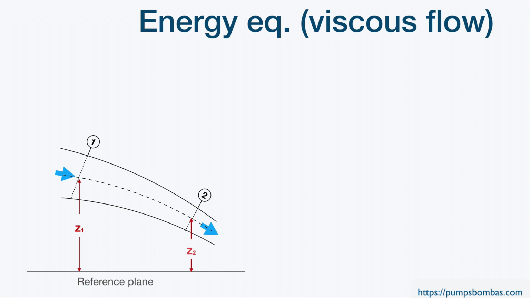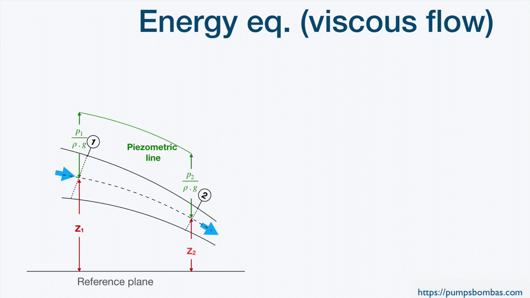The energy due to pressure, in green here you see, and the same in section 2: P2 divided by density multiplied by gravity acceleration. What is represented now is the piezometric line. This piezometric line represents the energy line due to hydrostatic pressure at every cross section.